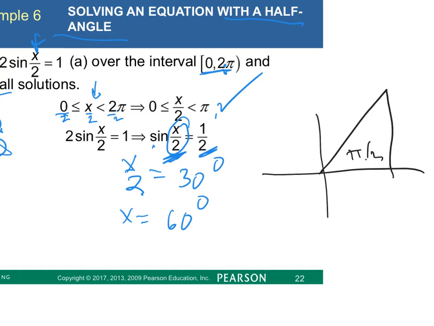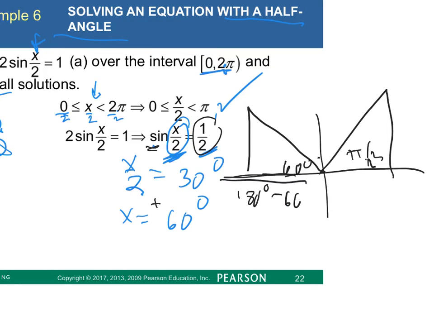That means positive. Where else is sine positive? Over here. So if that's 60 degrees, then this is 60 degrees. That must mean 180 minus 60 must be really what this angle is.